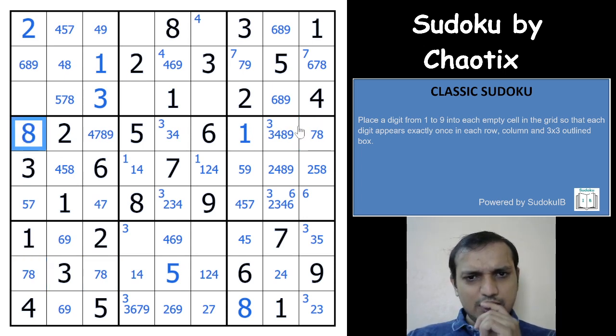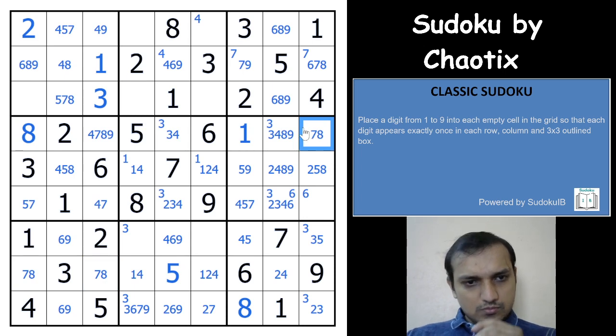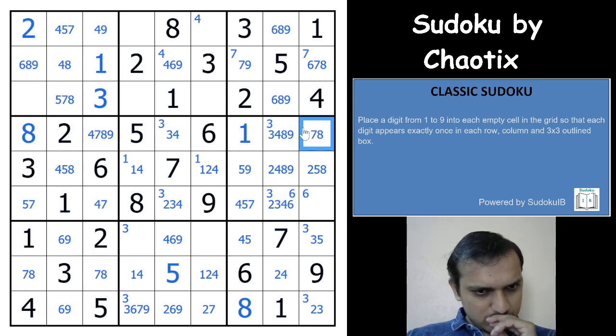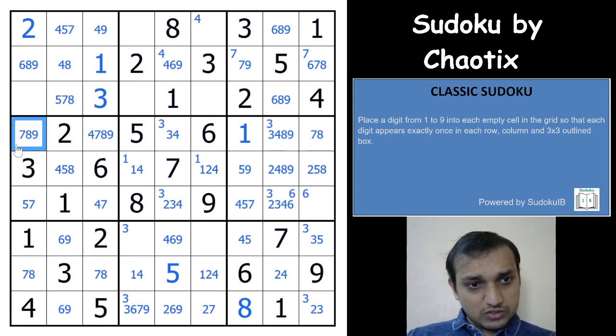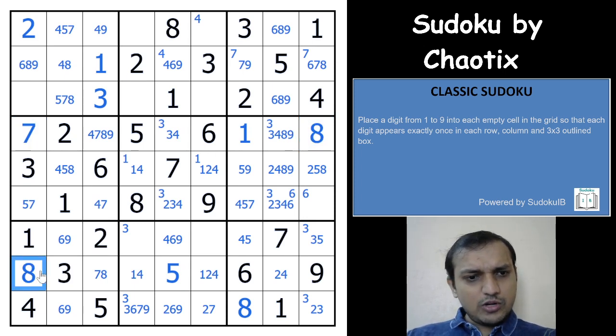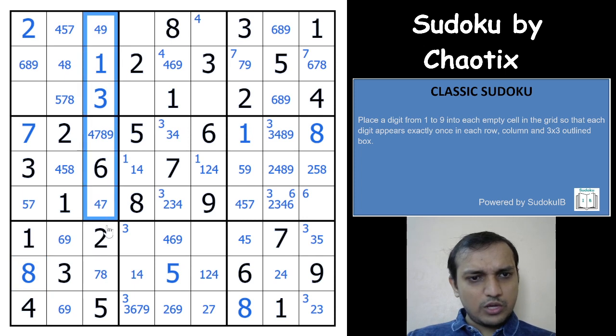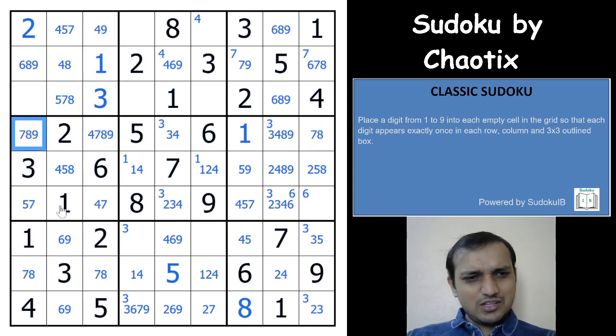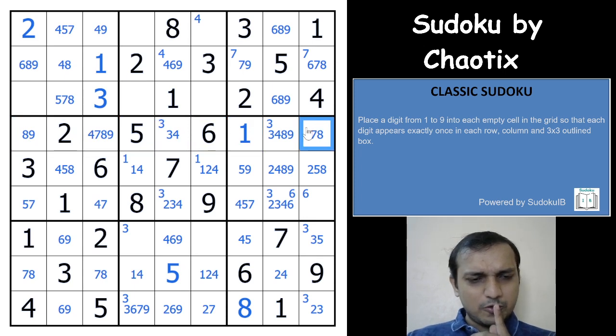So if this cell is an 8, no, I'm sorry, I can eliminate 7 from this cell. So if this cell is a 7, 8 would have to be in one of these two cells, and there is no 8 in column 3. Come on, that's really not the logic that I am looking for. I am just eliminating a few candidates, and I am not sure that's the intended solve path.